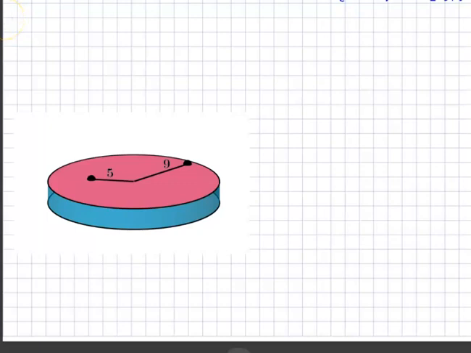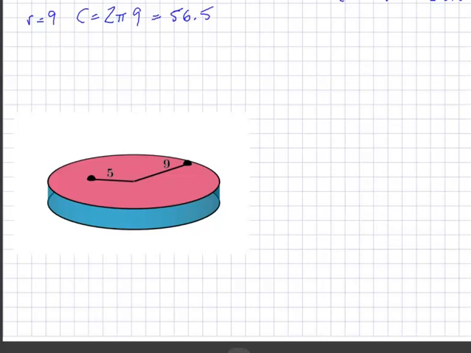Think of the person who has a radius of 9. If they're doing a full turn, the circumference is 2 pi times 9, which is 18 pi, which is 56.5 units. That's the distance they're traveling around the outside.